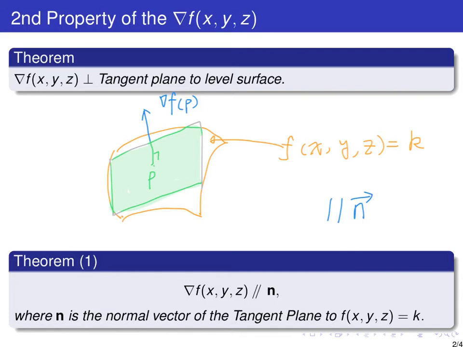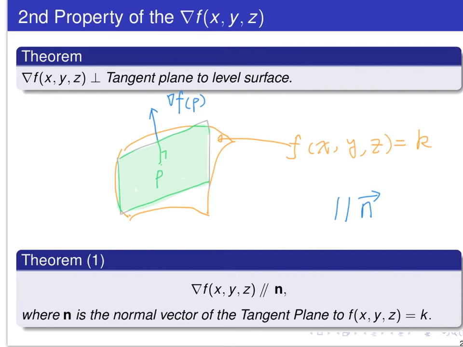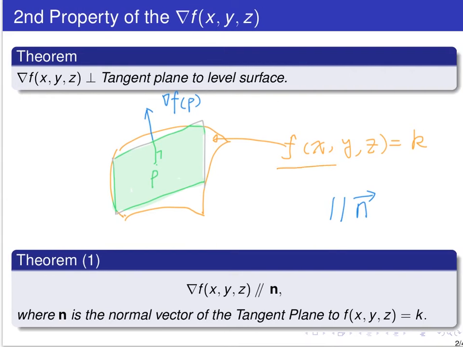This orange surface is the level surface of the function f. And this green plane is the tangent plane to this level surface at this point P. The property says if you calculate the gradient vector of f and evaluate it at P, this vector, the gradient vector, is going to be orthogonal to this green tangent plane.